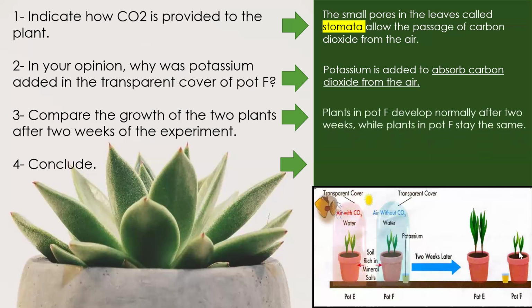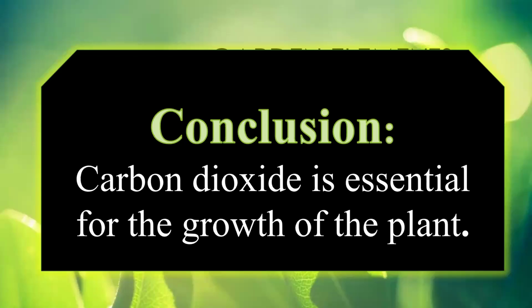So the plant in pot E develops normally after 2 weeks, while the plant in pot F stays the same. What do we conclude here? Of course, we conclude that CO2 is important for the growth of green plants. The conclusion is that carbon dioxide is essential for the growth of plants.